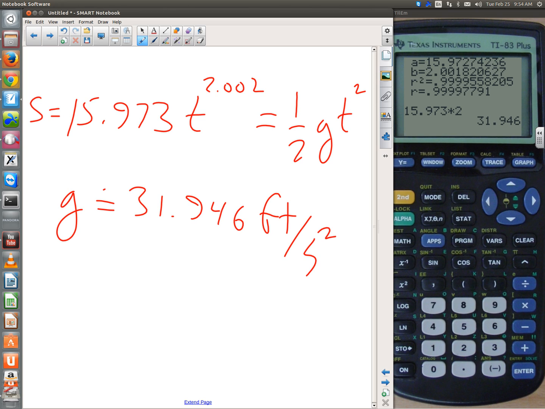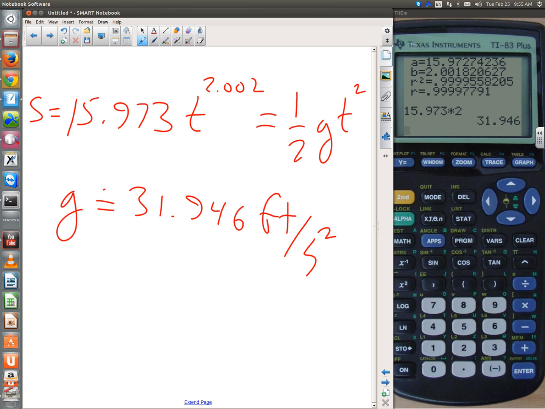All right. Any questions on 17? Because it's not an area. When you take a unit squared, the implication is that it's an area. If you take a unit cubed, the implication is that it's a volume. This is a rate of change. Okay? What we're talking about is the acceleration due to gravity. What is acceleration? How fast the velocity is changing. How do you measure velocity? Feet per second. How do you measure acceleration? Feet per second per second.